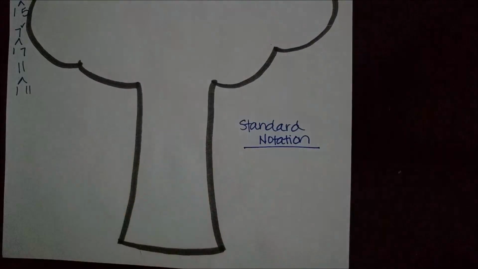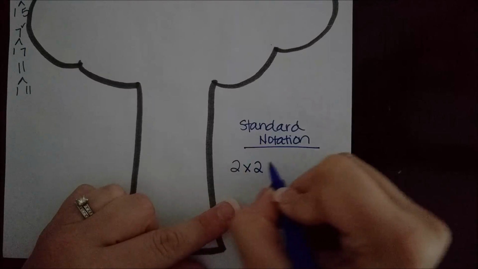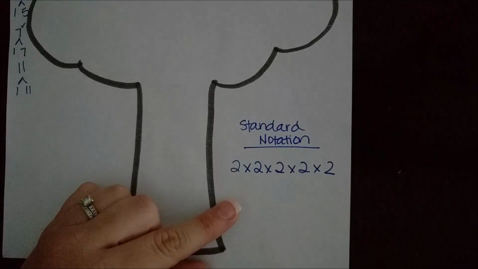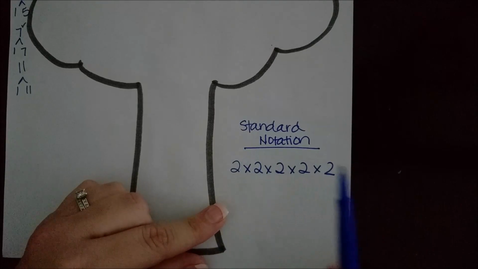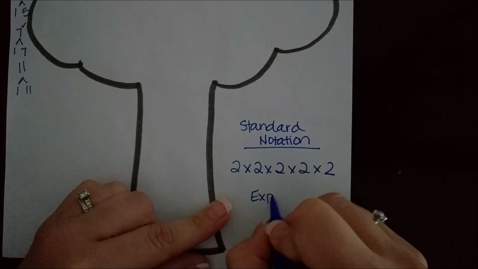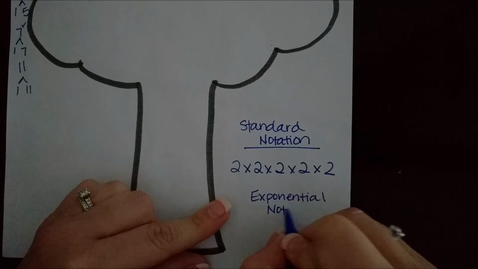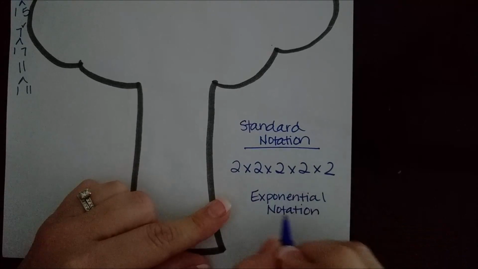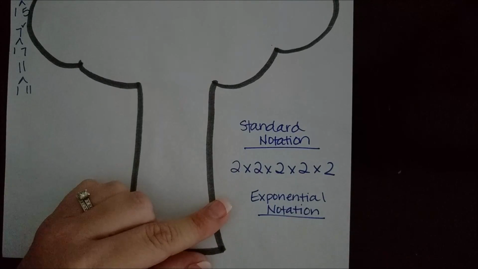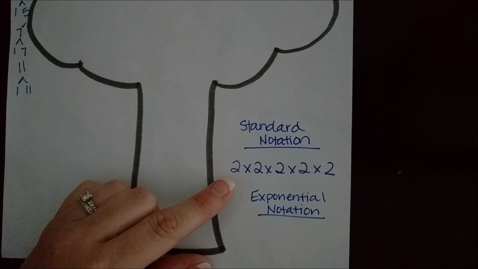Standard notation, for instance, 2 times 2 times 2 times 2 times 2. That's standard notation, it's written out. If I wanted to write this in exponential notation, simply meaning with an exponent, I would look at this and ask, what's my base?